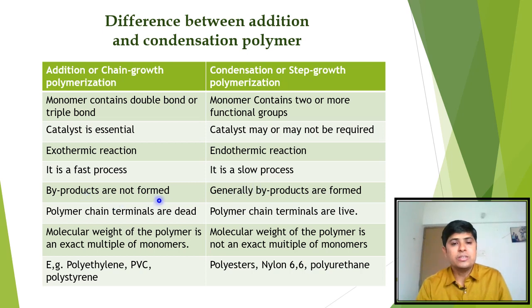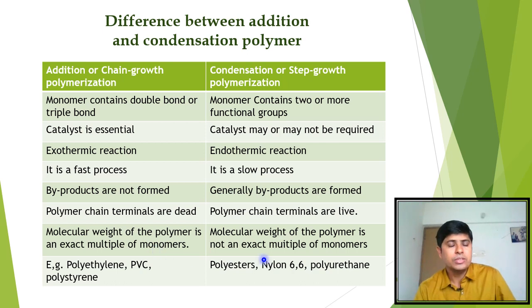In addition polymerization, polymer chain terminals are dead. In condensation polymerization, polymer chain terminals are live, NH2, COOH, they are at the end. In addition polymerization, the molecular weight of the polymer is an exact multiple of the monomer molecular weight, while in condensation polymers, the molecular weight of the polymer is not an exact multiple of the monomers.